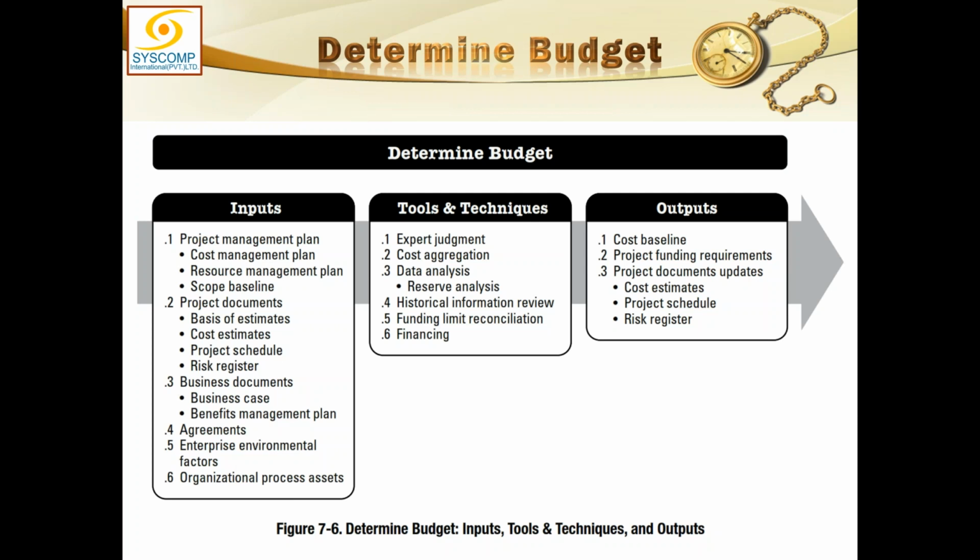So in the project management plan, what we require is the cost management plan, the resource management plan, and the scope baseline. In project documents, we need the basis of estimates, the cost estimates, the project schedule, and the risk register. Tools here include expert judgment about the budgetary estimates, and specialization in cost aggregation, data analysis, and reserve analysis.